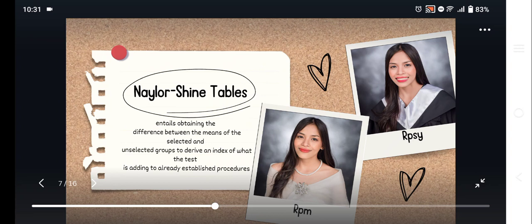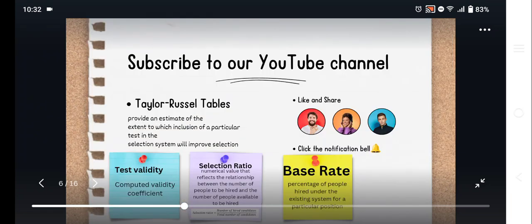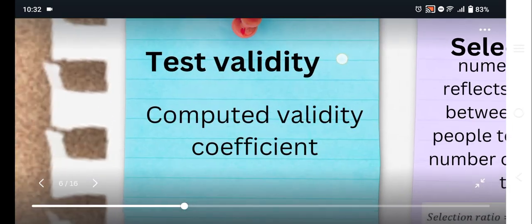Dito naman po tayo kay Naylor Shine Taylor-Russell. But for more information about the test validity, okay?